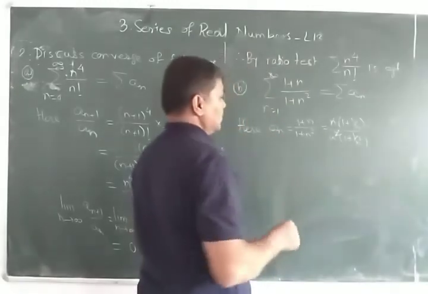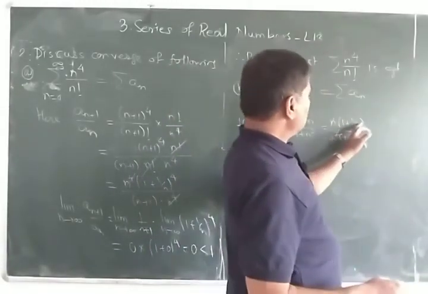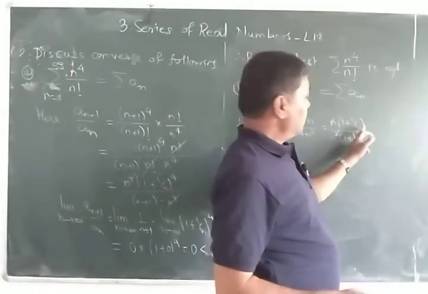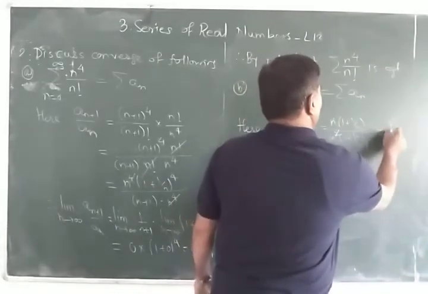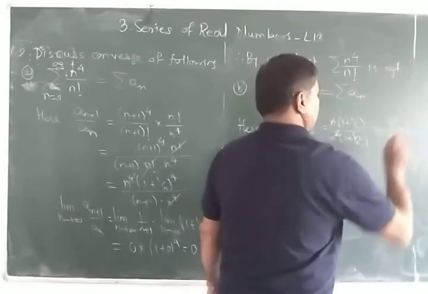And if you observe, as n approaches infinity, 1 upon n goes to 0. So these are approximately equal to 1 upon n. I will take this as bn.